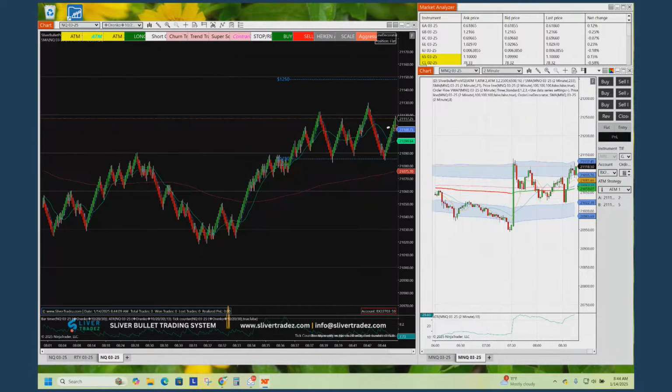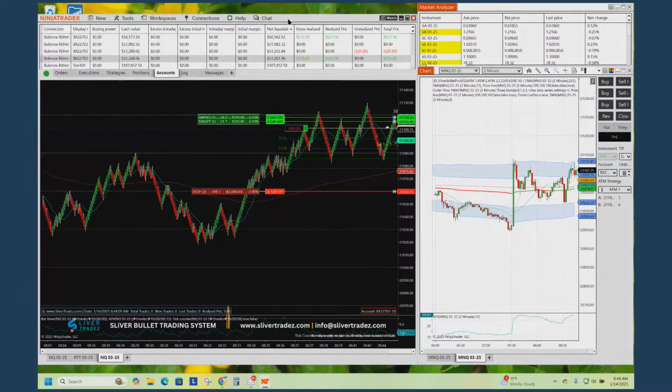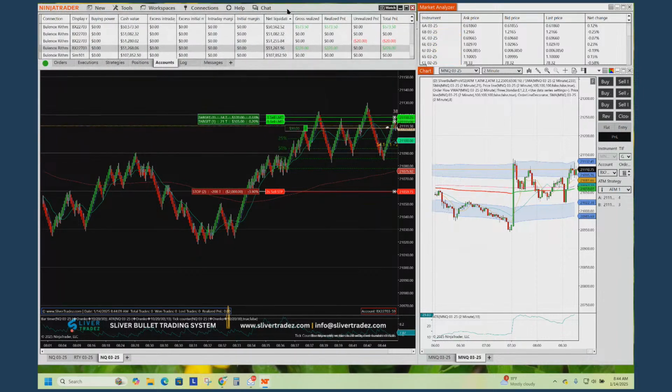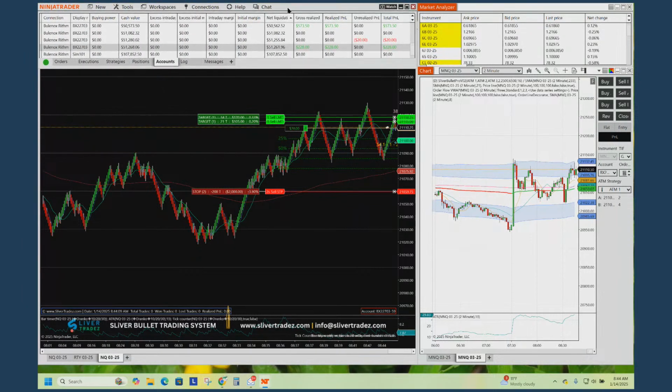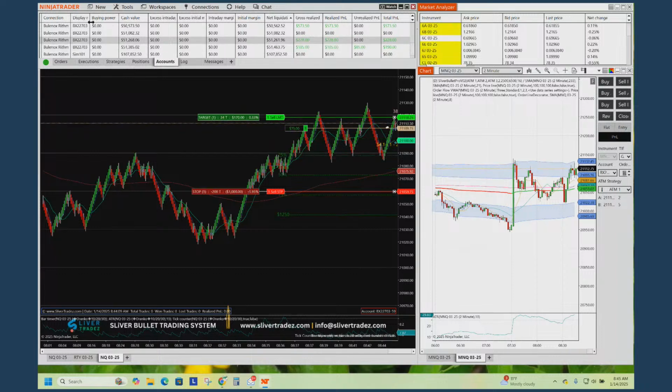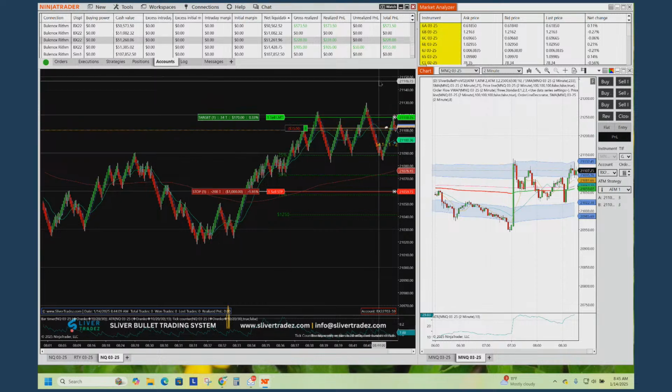I started to trade a little early today and already made some profit in a couple of accounts. Here you see. Target filled. So the software took a trade automatically.